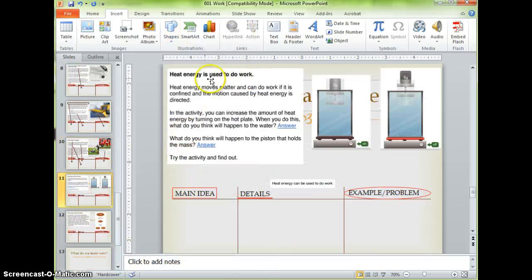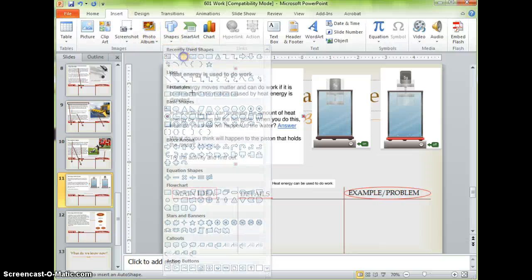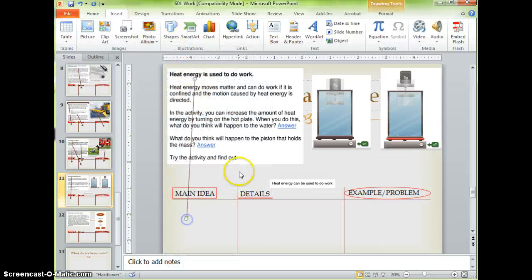All right, heat energy can do work. Main idea, right? How exactly does that happen? Well, you've got a closed system because it has a lid on it. This is a piston, and it's sitting there with a 5-gram weight on top. Heat the water. We know hot things rise, cold things fall.